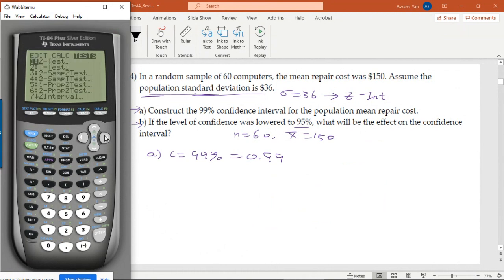Go to STAT, TESTS, and then I'm using number 7, Z-Interval. I change sigma to 36, x bar is 150, N is 60, and C-level is 0.99. I just calculate here. If I round to the integer, this will be 138 and this will be 162.